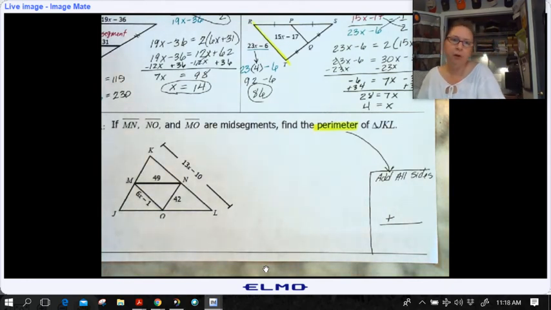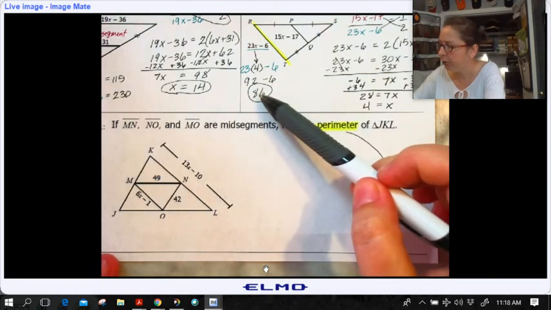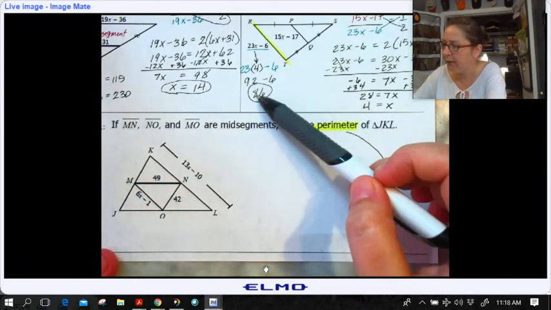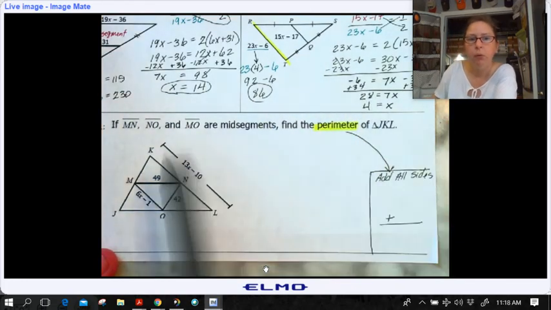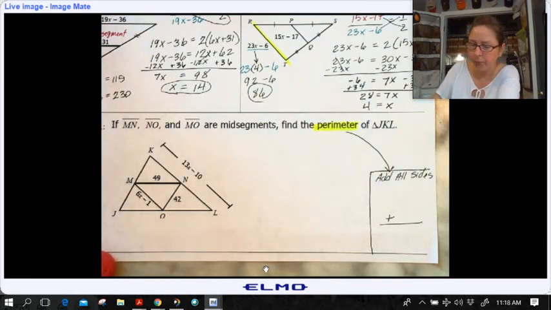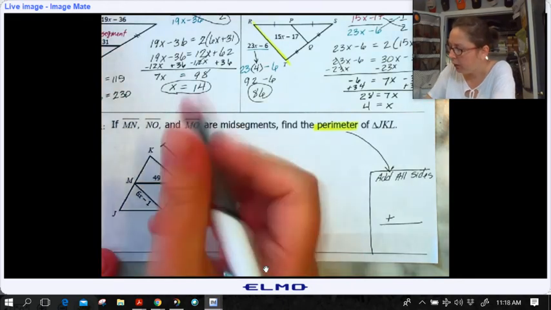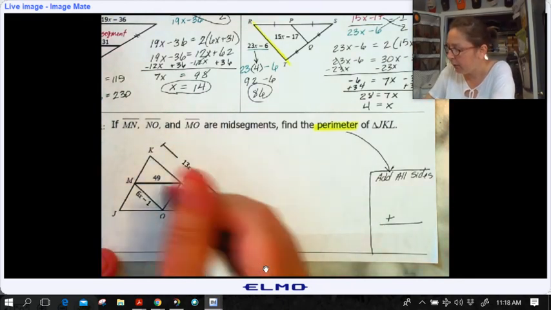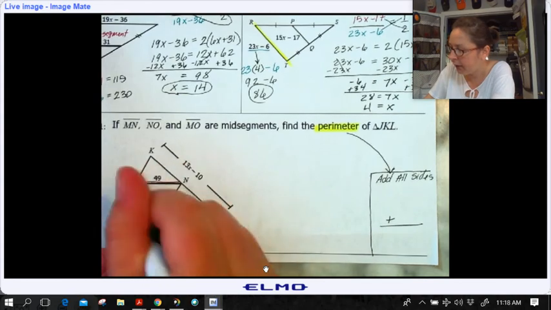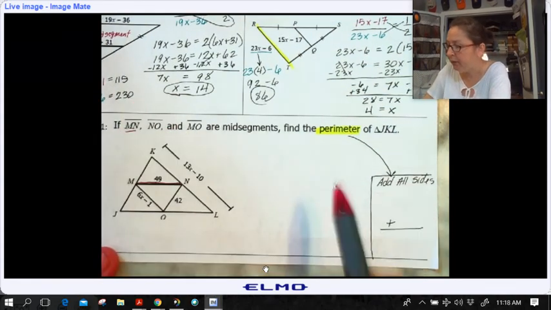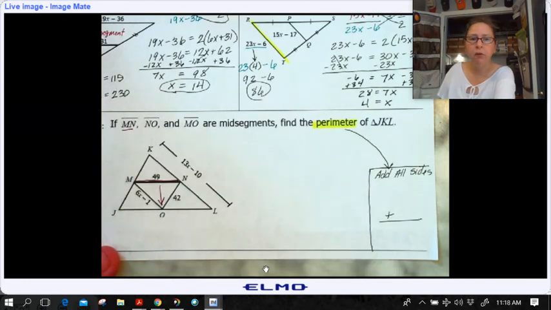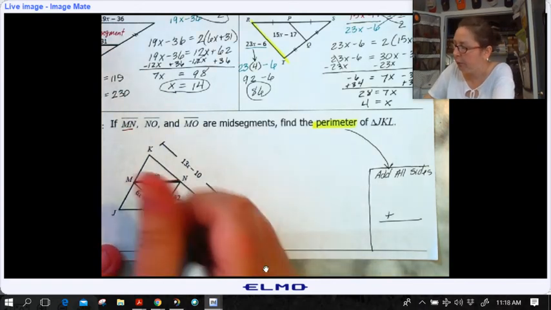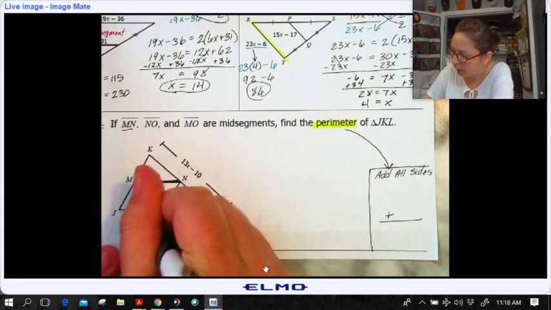The first step. So you know how I told you here you could divide the 86, the third side measure, by 2 to get the midpoint? Well, you can do the opposite here. So they tell you that MN right here is a mid-segment, which means that the third side of the triangle opposite that is going to be double the length.